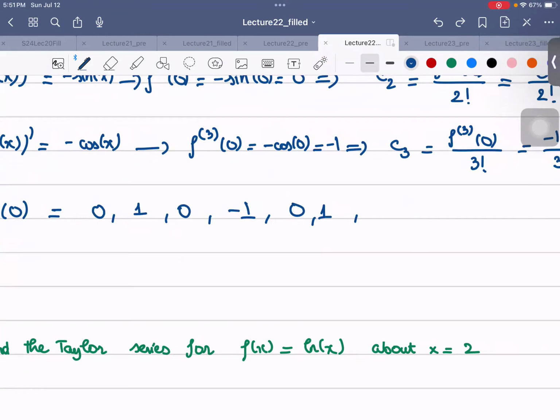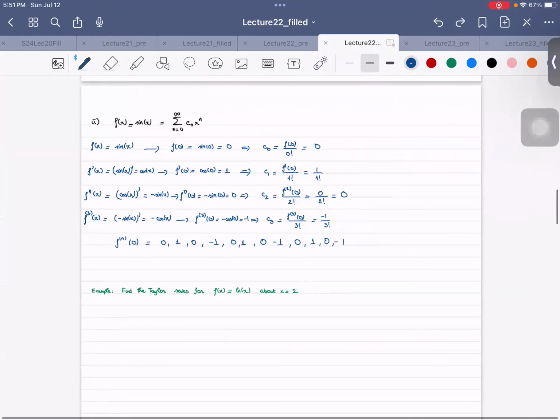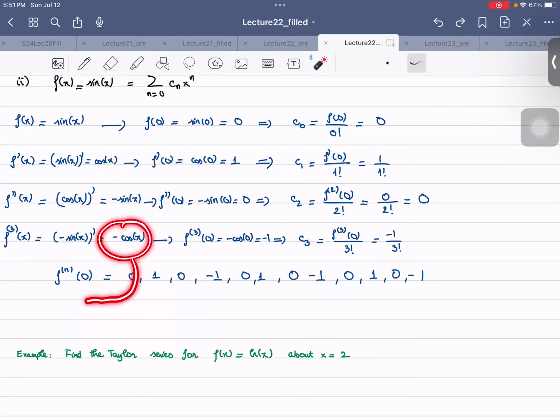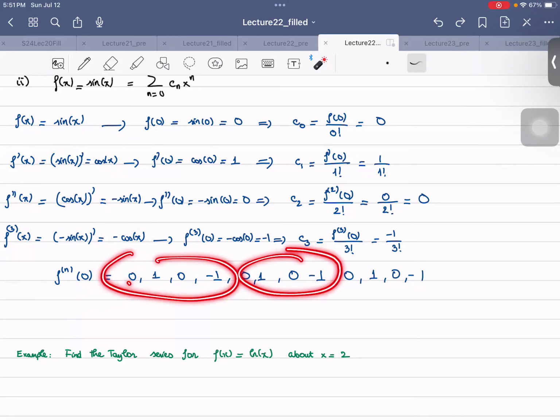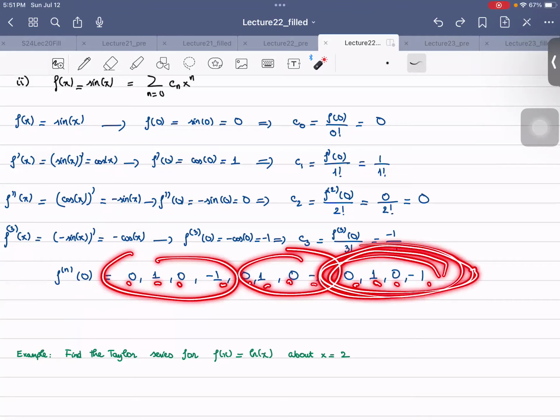You have 1 again, 0 again, negative 1 again, and so on. You can see that the sine function becomes cosine, negative sine, negative cosine, and if you take one more derivative, it returns to sine again. So the pattern will repeat in groups of 4: 0, 1, 0, negative 1. This is the pattern for your numerators.